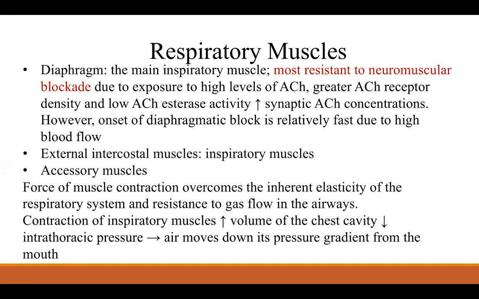There are a number of other muscles around the chest area, as well as the abdominal muscles, that play a part in respiration. Instead of naming every single muscle here, it's summarized as one name: accessory muscles. They play minor roles compared to the diaphragm and the external intercostal muscles. You may think about quiet breathing versus forced breathing or deep breathing.